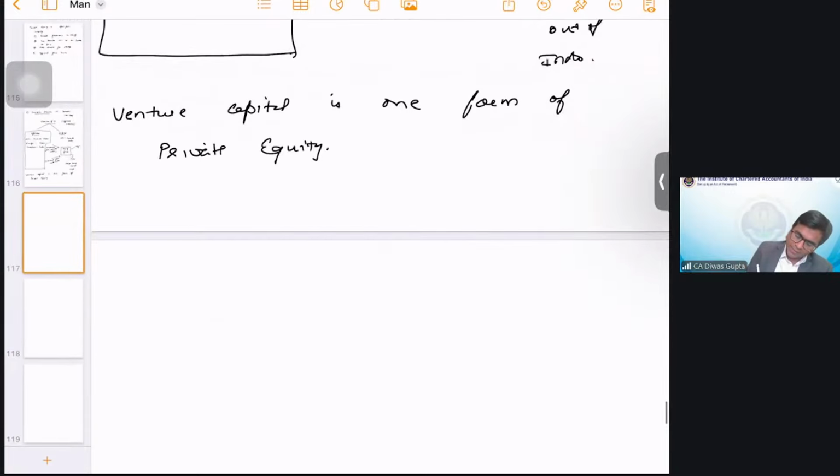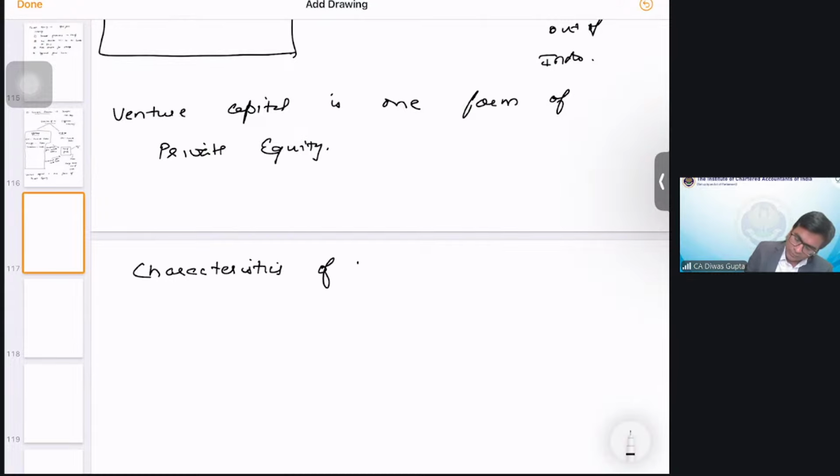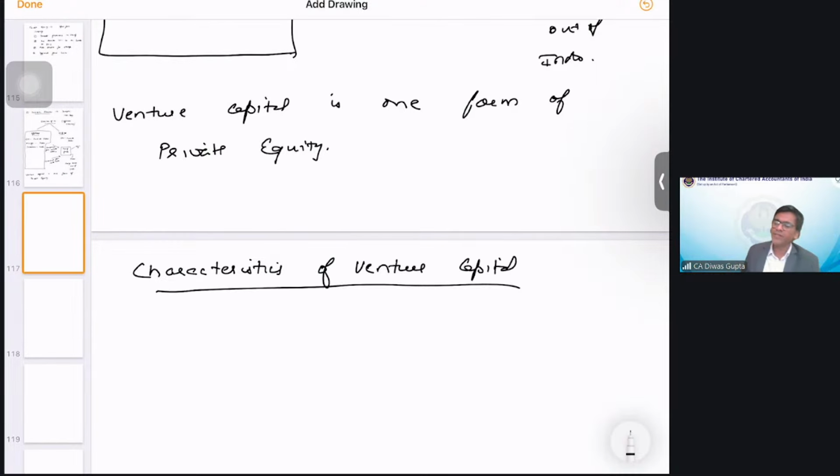Perfect. Then comes the characteristics of venture capital. What are the different characteristics of a venture capital? First, they have a long-term horizon, right?